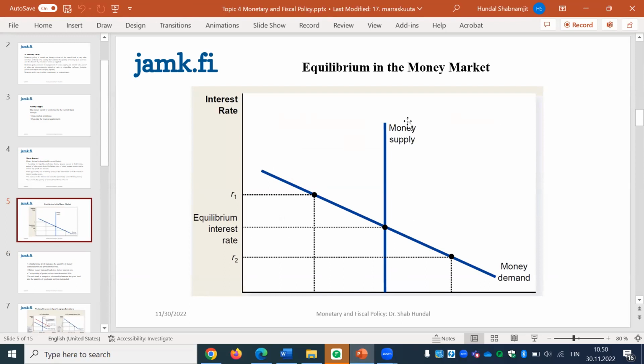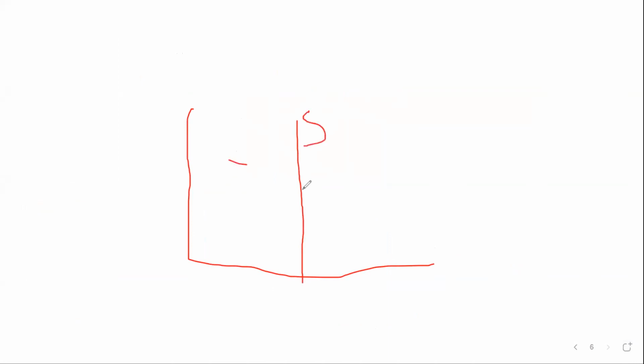You see this picture, I just drew it some seconds ago, that if before this political crisis, this was the supply of money, and this was the demand for money, then the interest rate was high.